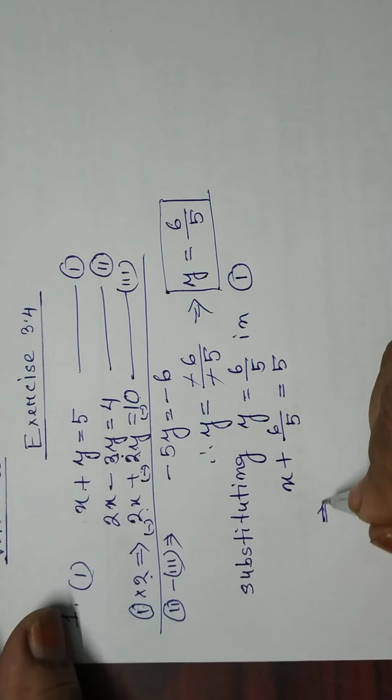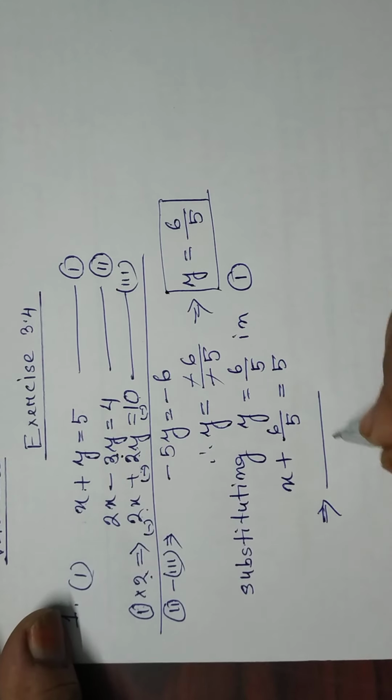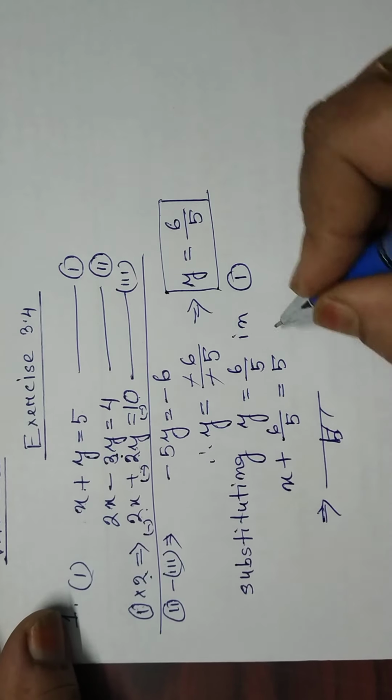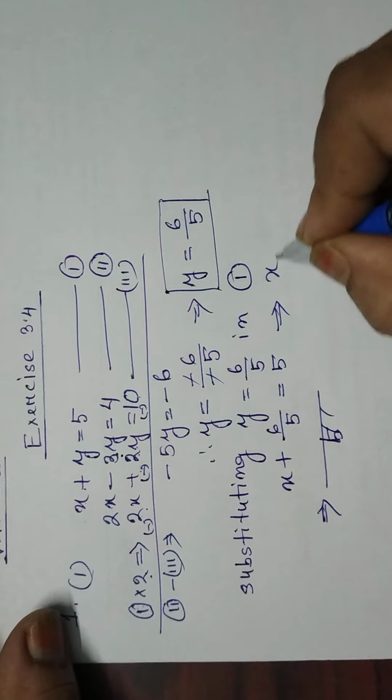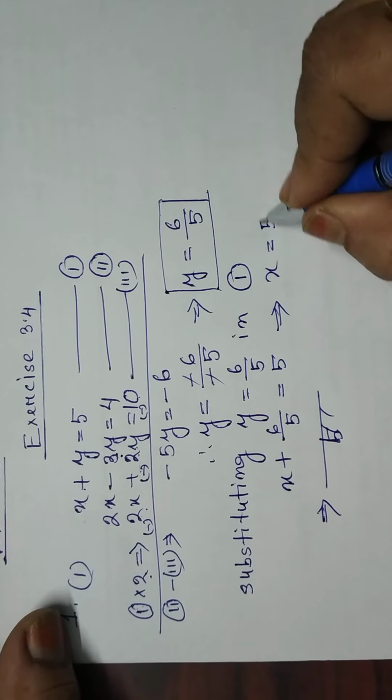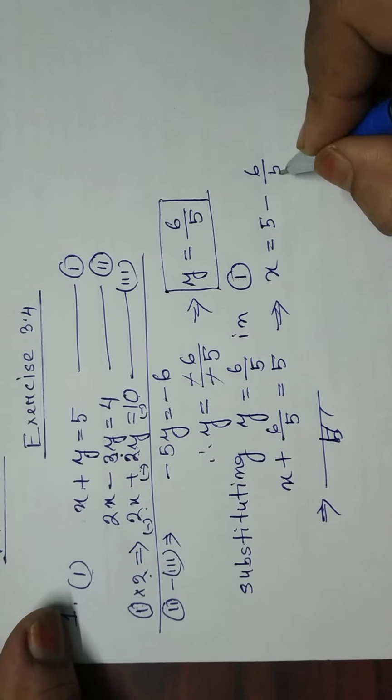Now if we simplify, from here x is equal to 5 minus 6 by 5.